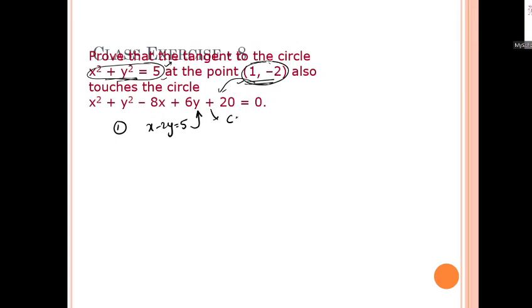So what is the center of the circle? 4 minus 3. Okay. What is the radius of the circle? Root of g square plus f square minus c, root 5. Okay. So how do you check whether this line is touching the circle or not? The perpendicular distance from the center should be equal to the radius, right?